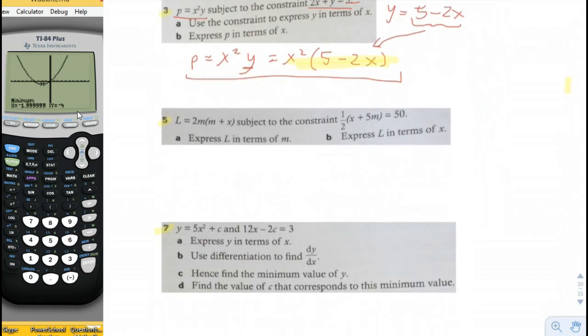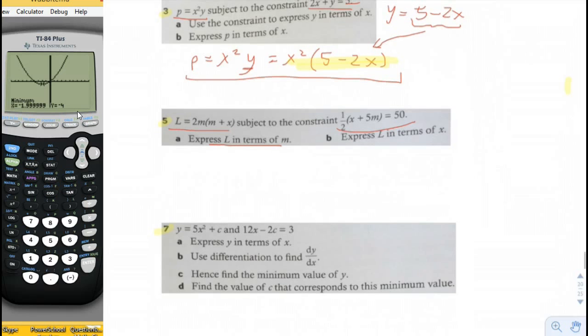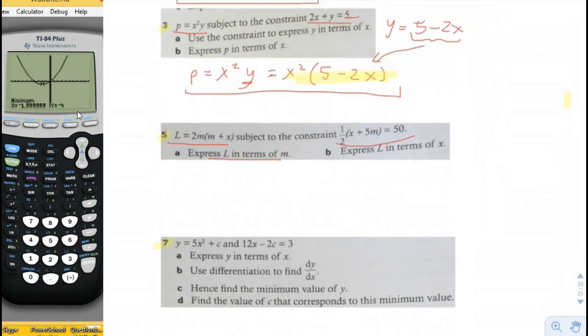Number 5. L equals 2m times the quantity x plus m, subject to the constraint, and that's kind of a messy one. Express L in terms of m. Now they skipped something, because usually in the first problems they told us that we were supposed to find y in terms of x, etc. So to get L in terms of only m's, look what we have here.